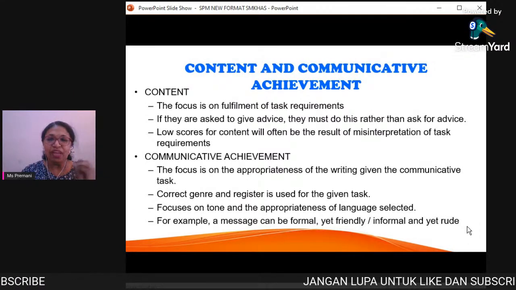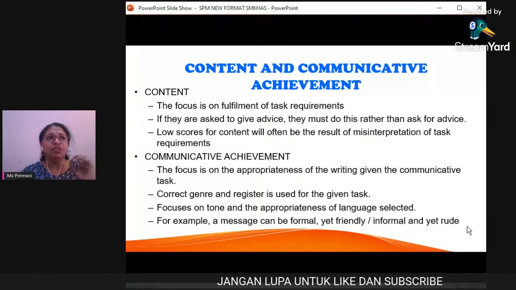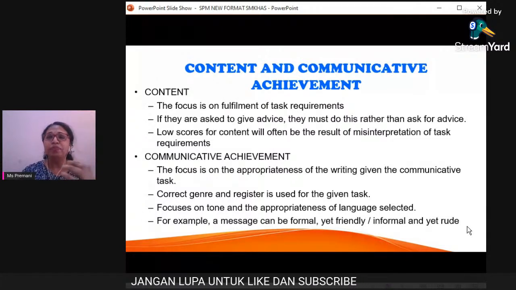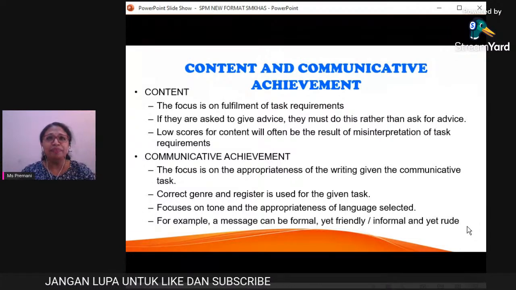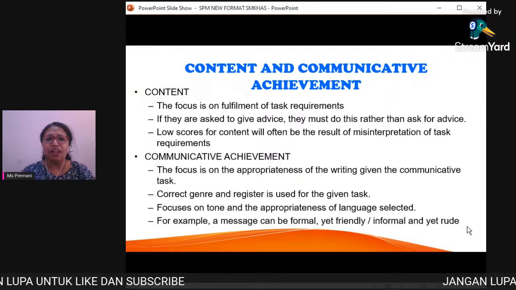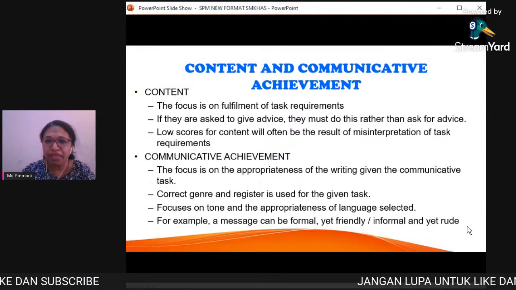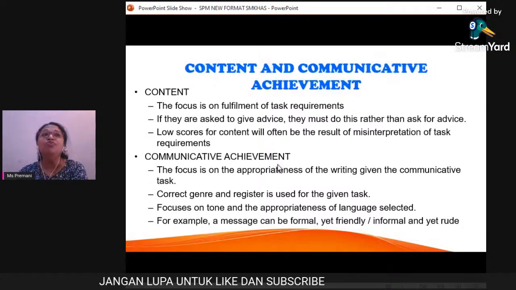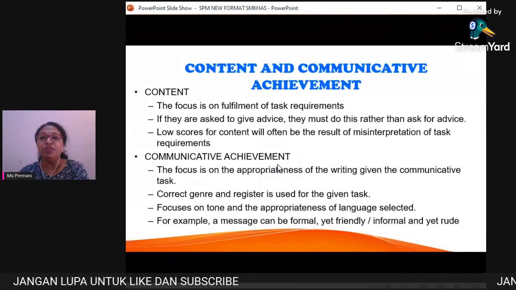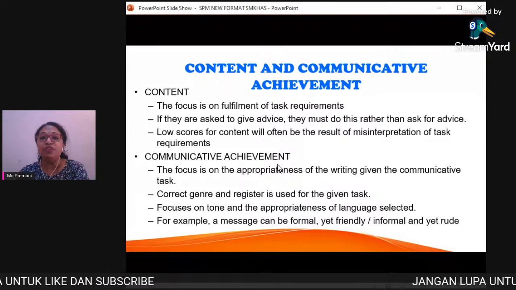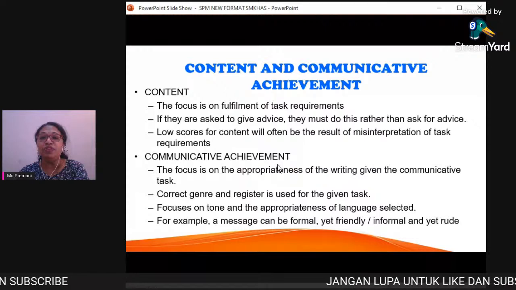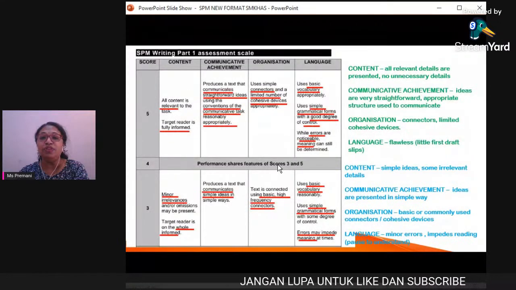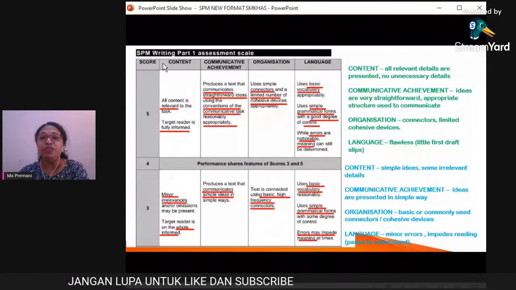Okay, when I say friendly, you don't put in a very common way of people speaking. They use certain words that sound like you are condemning or scolding them. Maybe you commonly use it with your friend, but that will bring in the rudeness element, which will bring down your marks. Okay, so if you see this, it's the 5, 4, 3 marks.